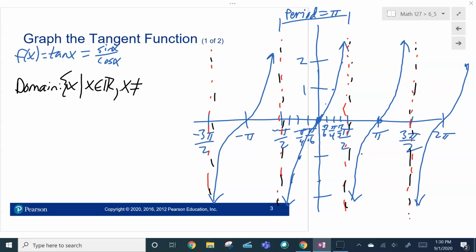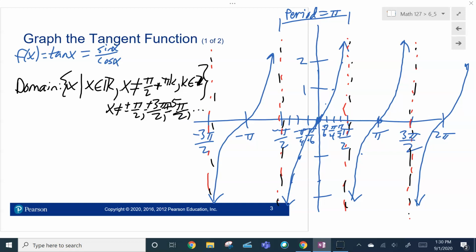So we're going to say pi/2 plus pi k, where k is an integer. Another way you could say that is x cannot be plus or minus pi/2, plus or minus 3pi/2, plus or minus 5pi/2, dot dot dot. That's another way you could say that. This is the preferred general form.